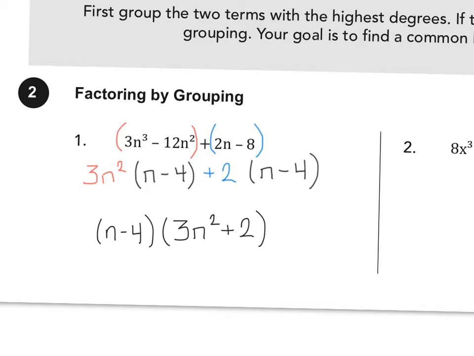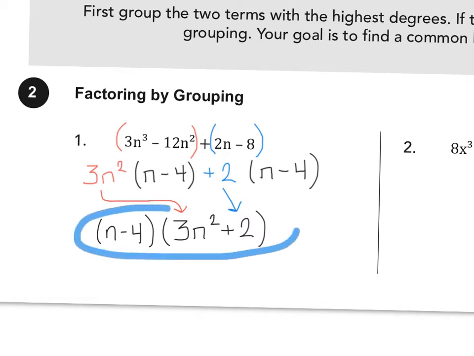So just a quick note, the 3n squared comes from here, 2 comes from here, and the common factor, n minus 4, only gets written once. Alright, so our final answer, our final factored form, is n minus 4 in parentheses multiplied by 3n squared plus 2.